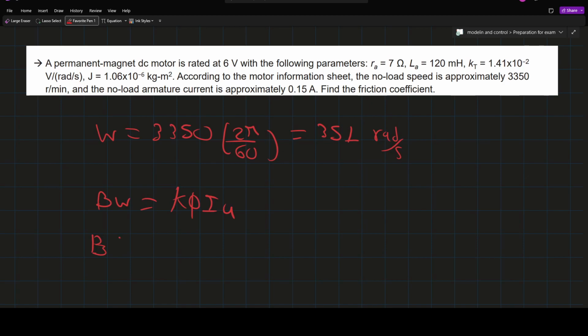So just like the last example, 351 equals our K phi. They're giving it here as KT, 1.1 times 10 to the minus 2. So if they're giving you volts over radians per second, they are giving you the whole K times the flux. And then we multiply by our current that is also given, 1.5 here.